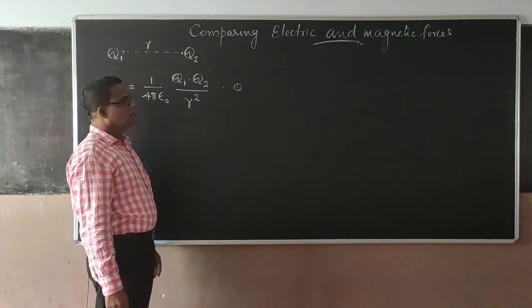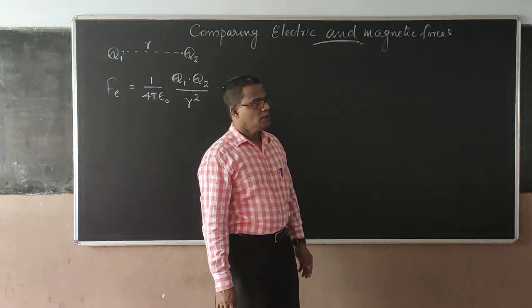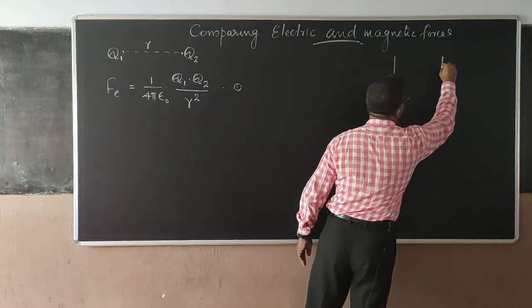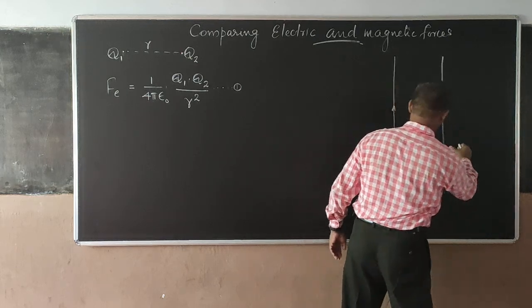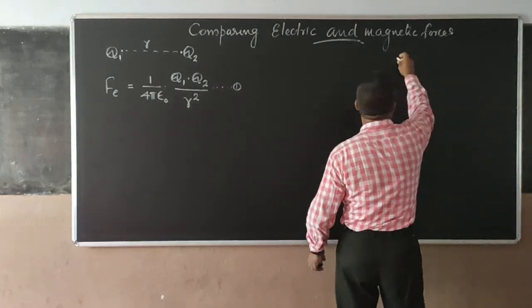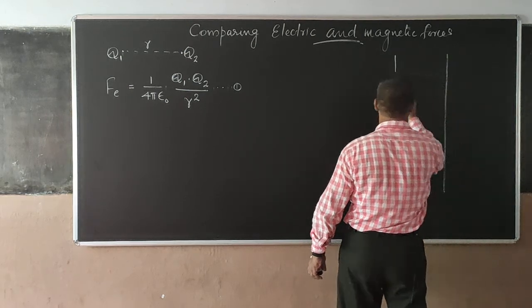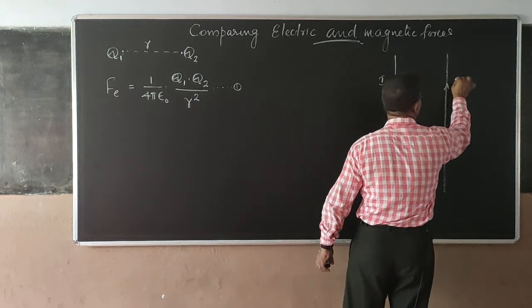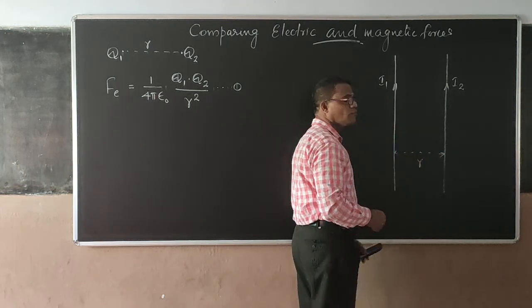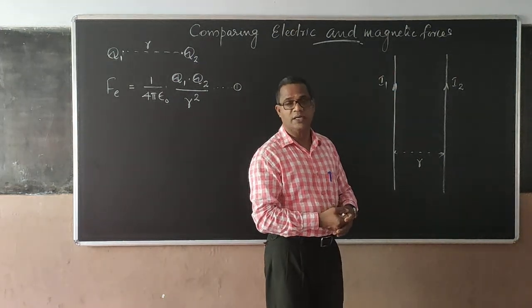Now if I treat the same thing in magnetostatics, and if I consider the case of two parallel wires carrying currents I1 and I2, and the separation is again r, then there will be a force of attraction between these two infinite length conductors carrying current, as we studied.